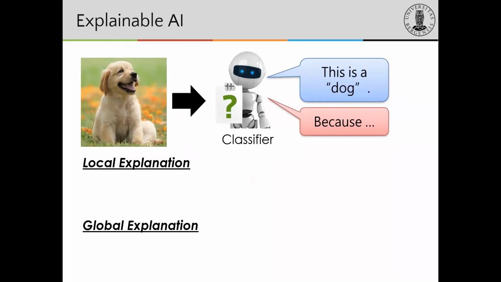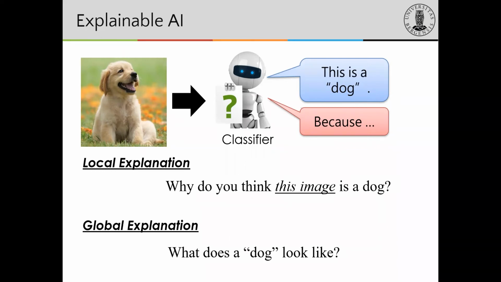For the local explanation, we want to answer the question, why do you think this image is a dog? And for the global explanation, we want to know what the dog looks like in the AI's eyes. So we want to understand these two questions.